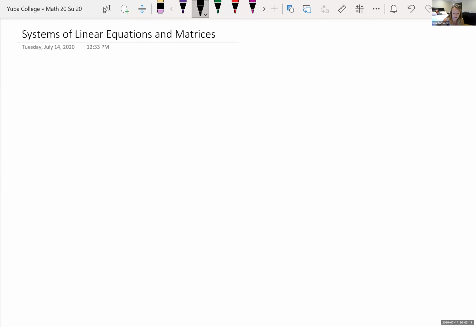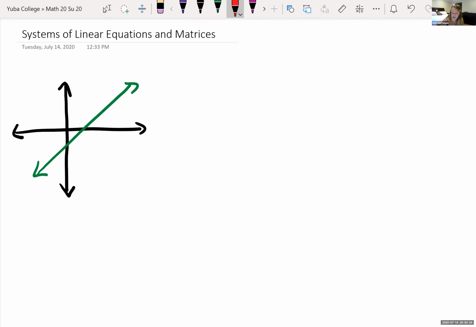So graphing this, what would happen when you graph the two lines, when you graph them, they're going to intersect in one point.